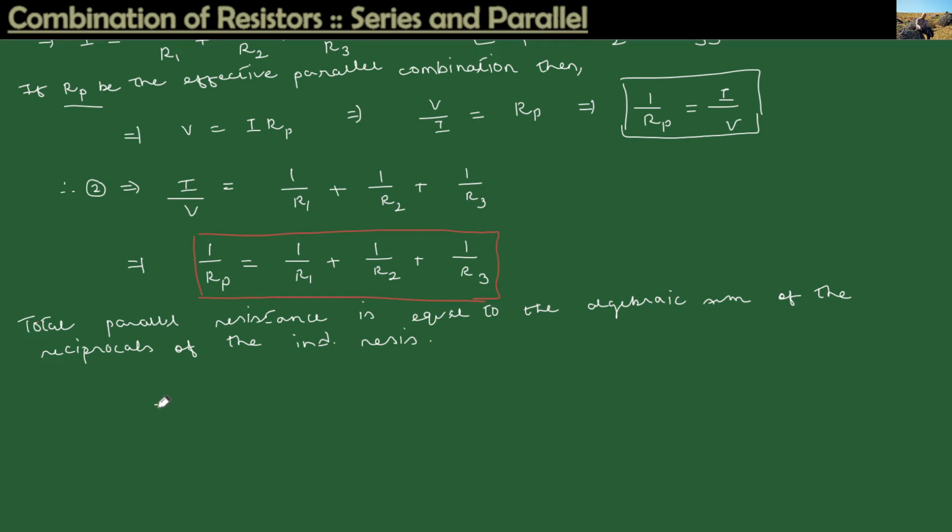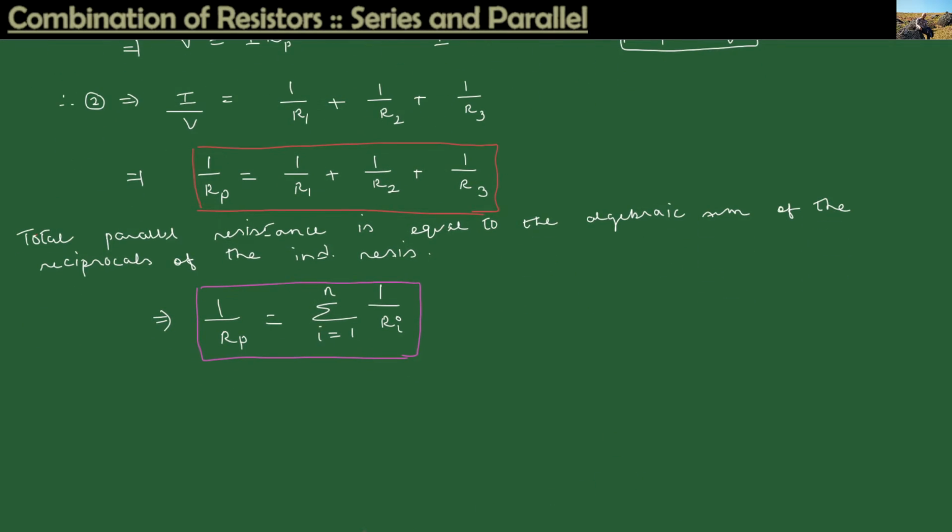Which means that if there are n resistors, then 1 by Rp will be equal to the summation of i going from 1 up to n of 1 divided by Ri. So this is our expression for resistance when resistors are in parallel.